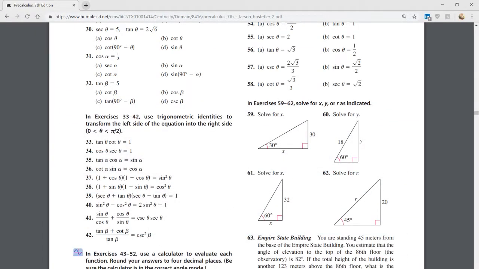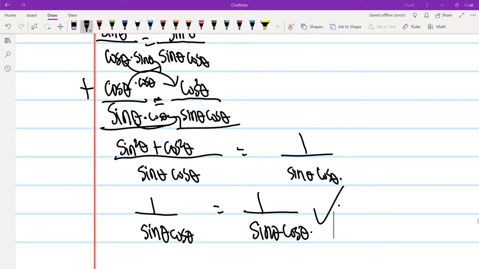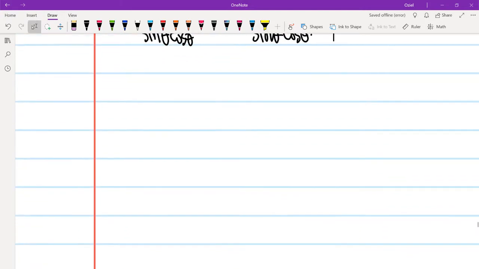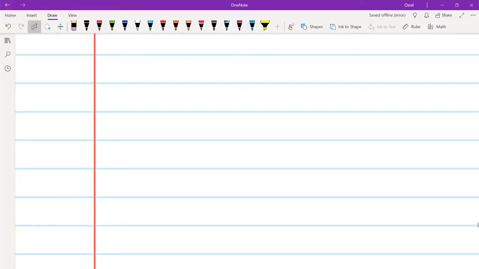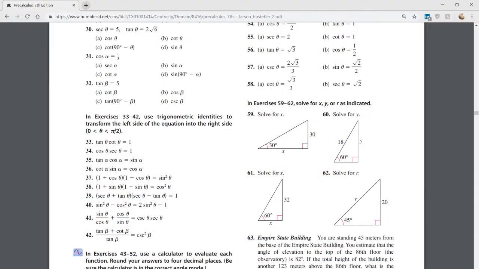And then for the last one, it says tangent of beta. I'm gonna go ahead and change it to tangent of x instead.